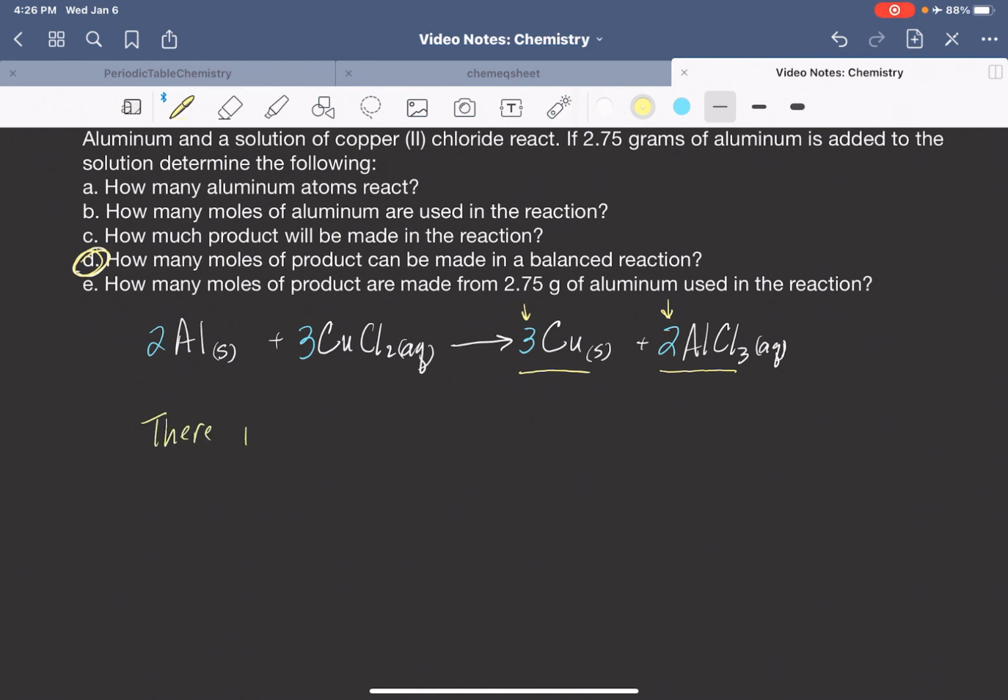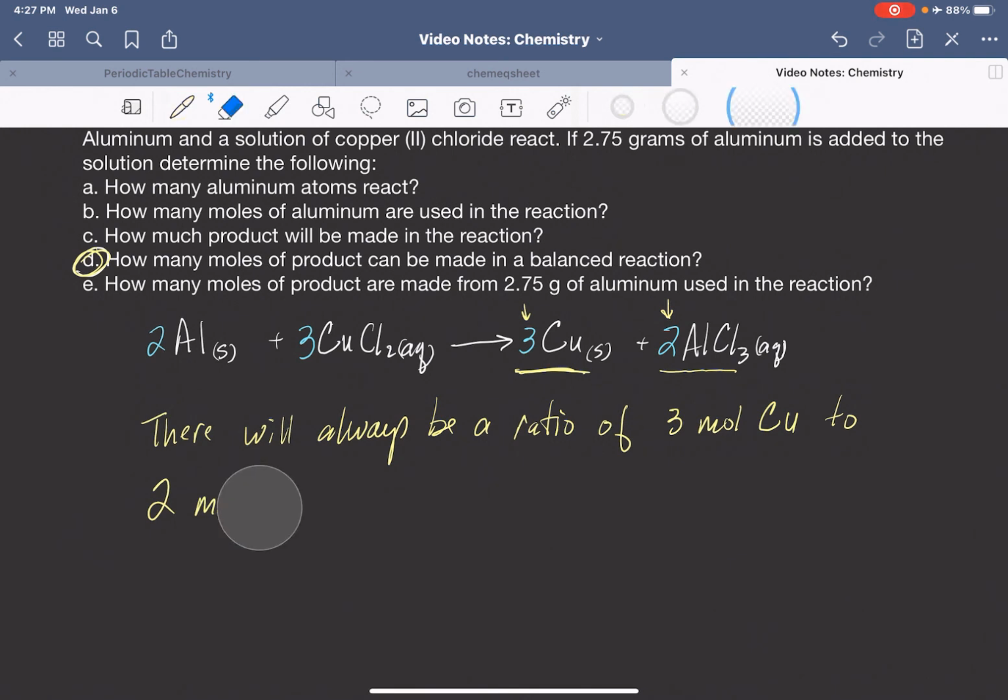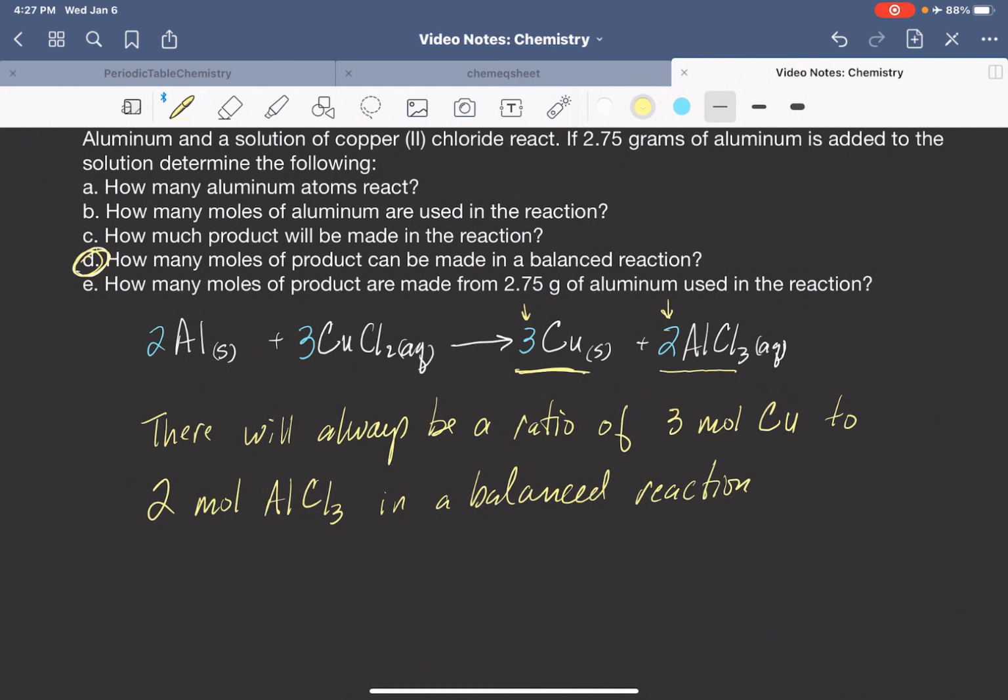there will always be a ratio of 3 moles of copper, because that's what this is, to 2 moles of aluminum chloride in a balanced reaction between these substances.